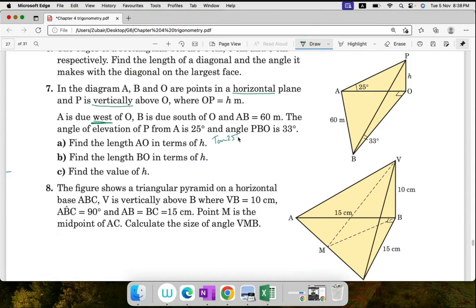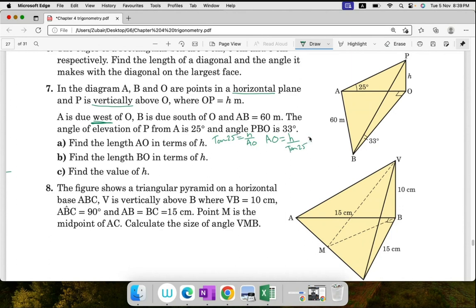Tan of 25 equals perpendicular over AO. AO goes on the other side, 25 gets divided here. So AO is equal to H divided by tan of 25.